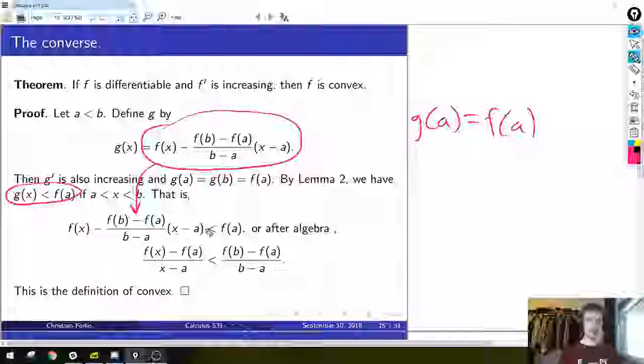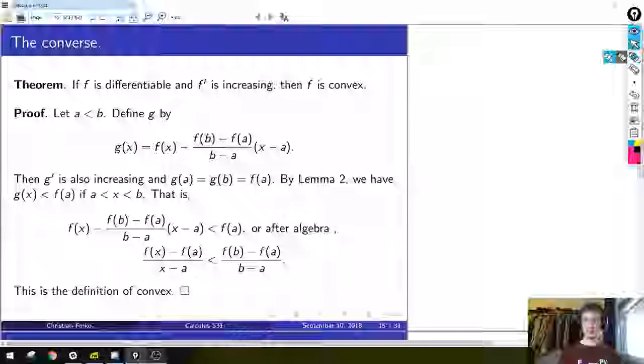Then subtract f of a over to the left side, and then divide by x minus a. And that gives you exactly this definition of convexity. This must be true.